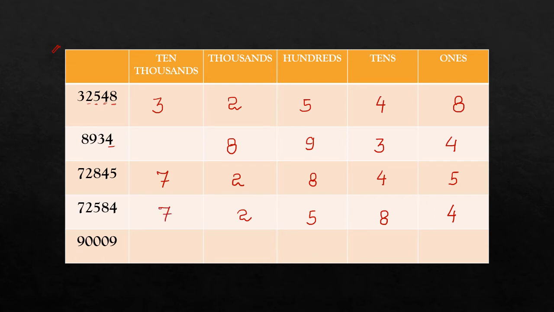The last one, here we have 9 at ones, then 0 tens, 0 hundreds, 0 thousand, and 9 ten thousands. So here we have placed all the numbers in the place value chart.